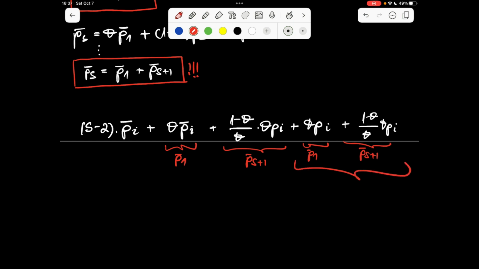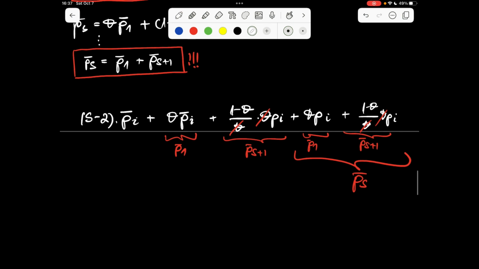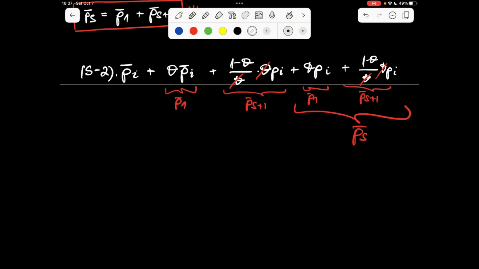So this is PS altogether. We can simplify this expression, and after doing this simple maths, we are going to have this equation.